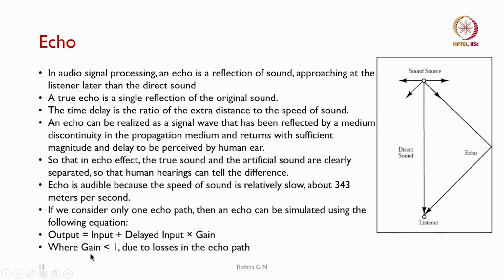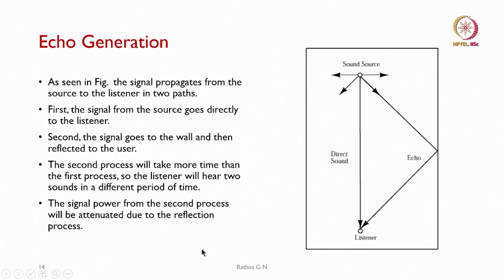We assume the gain should be less than 1 in this case, because the magnitude of the input is 1. So, we assume this is less than 1 due to losses in the echo path. That is what we are going to imitate and then look at.